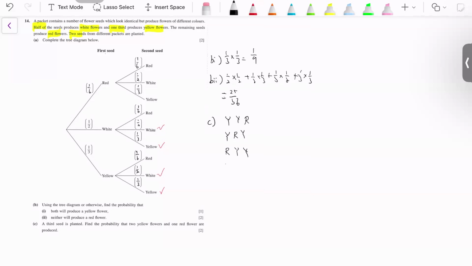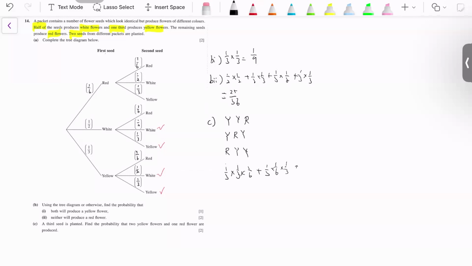So first being yellow is one third. Second being yellow is one third. Third being red is 1/6. And we add first being yellow one third. Second being red is 1/6. Third being yellow is one third.